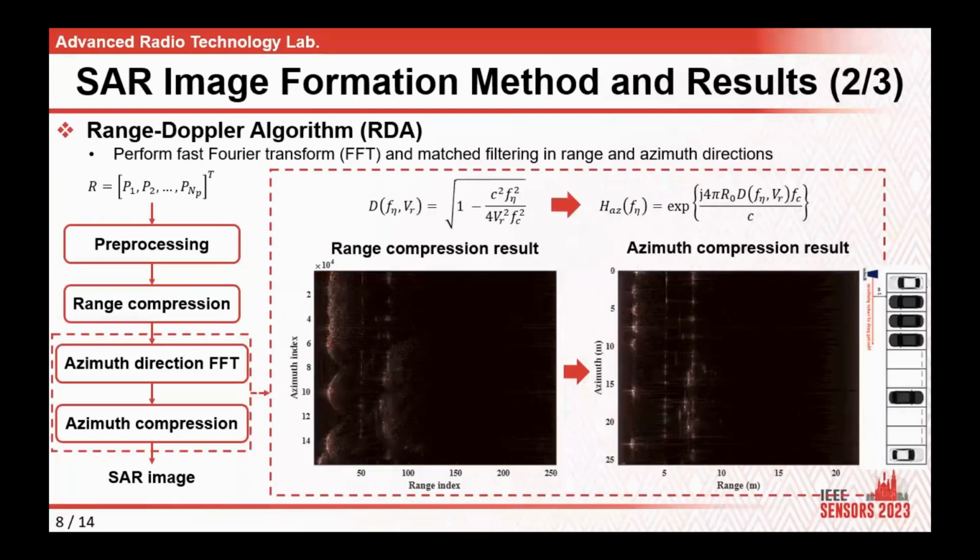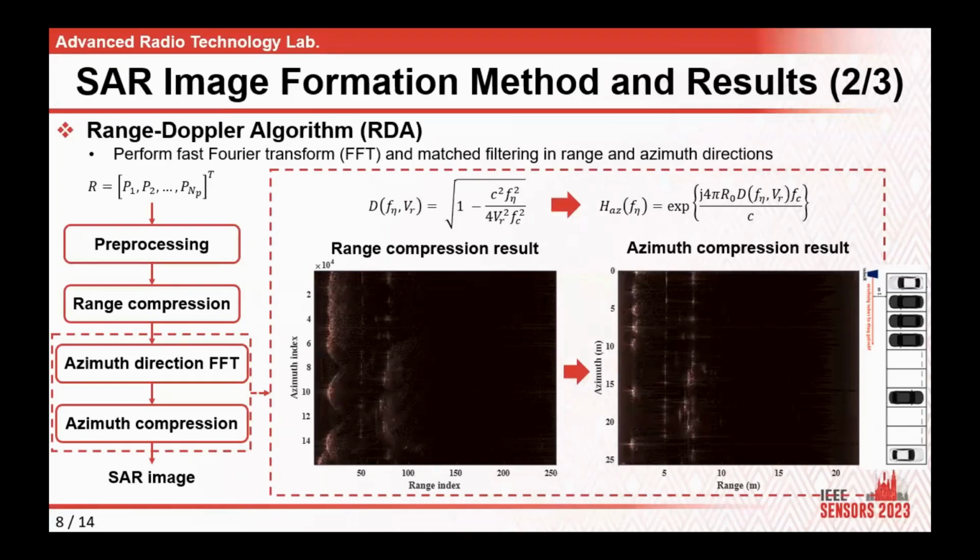Similarly, FFT is applied in the azimuth direction on the range compressed data, and a matched filter is used for azimuth compression. The formula on the left represents the migration factor, and the formula on the right represents a matched filter using it.